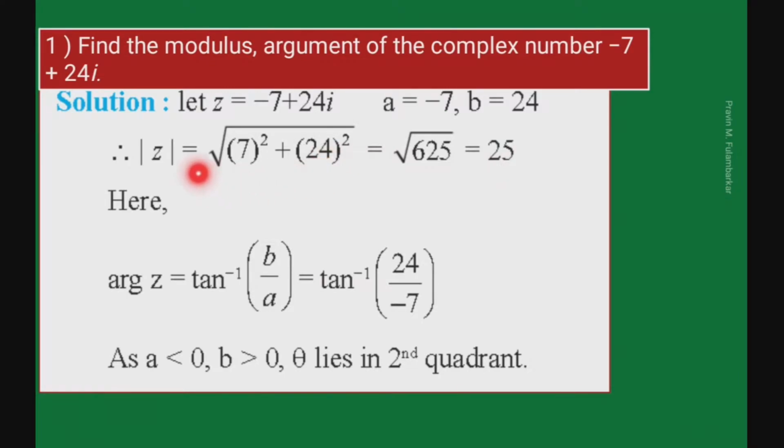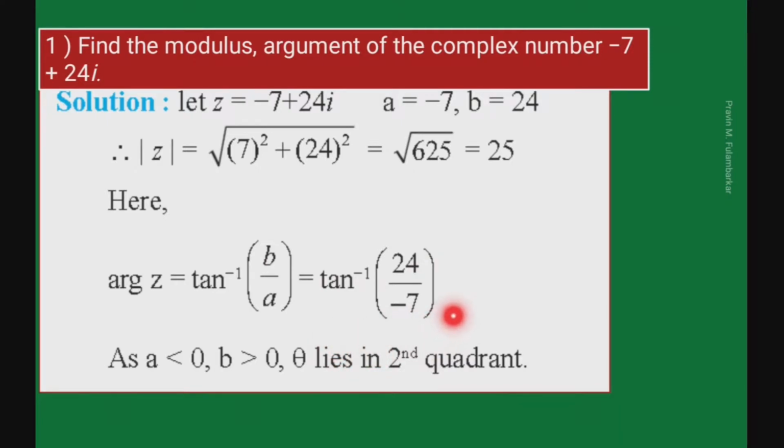So this is the modulus of z, that is the value of r. We have to find the argument of z. So we write argument of z = tan inverse b by a. Value of b is 24, value of a is -7. So argument of z, that is the value of theta, = tan inverse 24 by -7.